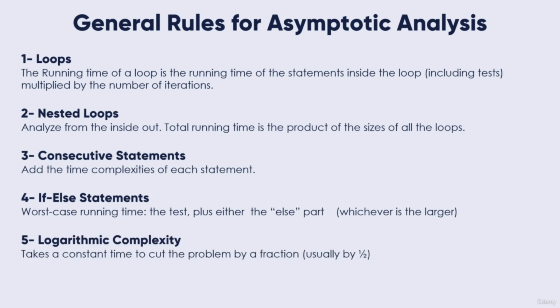So we search for the worst case between the else and if statements. The logarithmic complexity. An algorithm of O of log n takes a constant time to cut the problem size by a fraction, usually by half. As an example, we have seen running a for loop from 1 to n, but we multiplied i by 2.